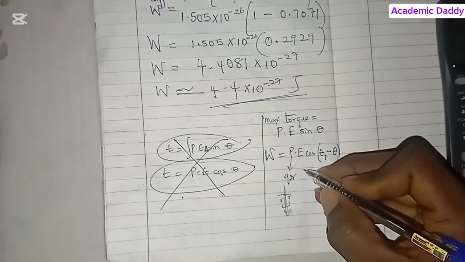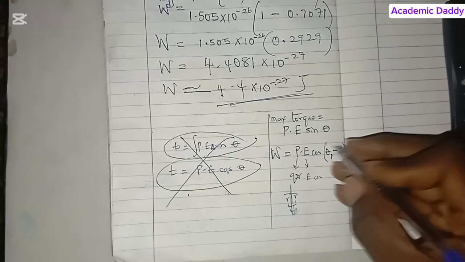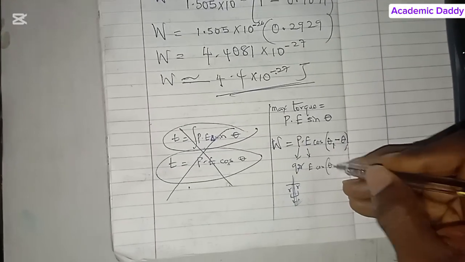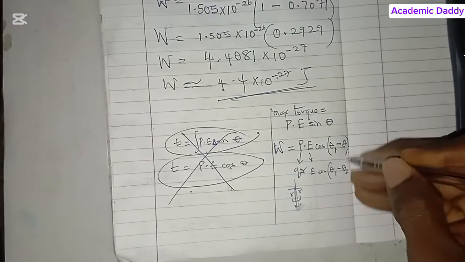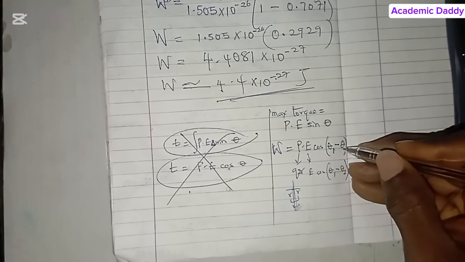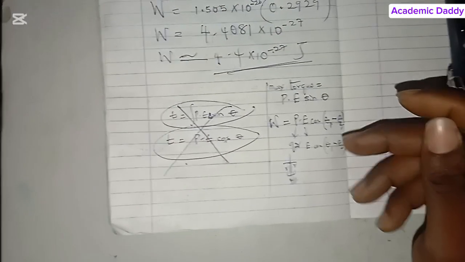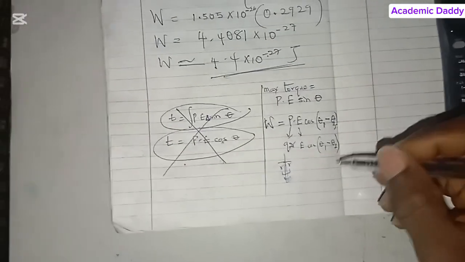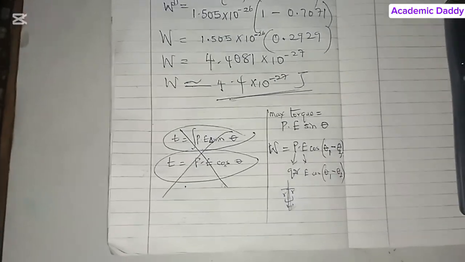So now if you know this, it's still the same thing. Initial minus final. Remember that we normally do initial minus final, that is from the angle to the next angle.